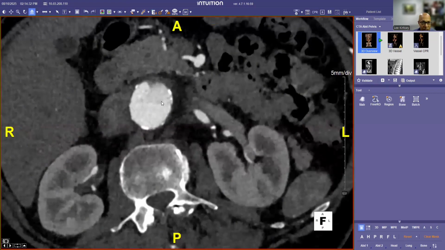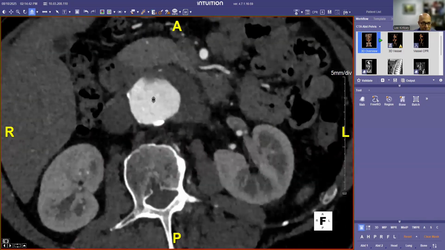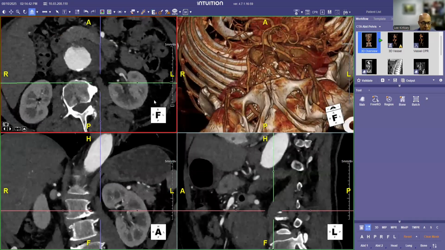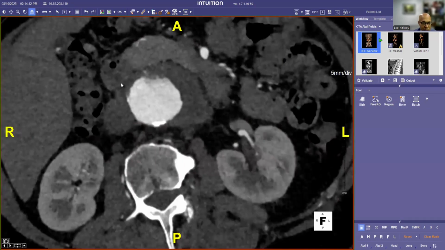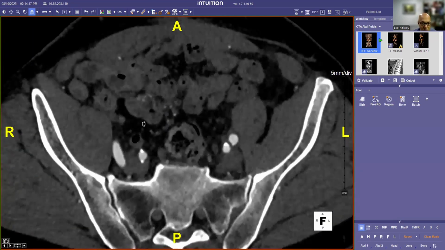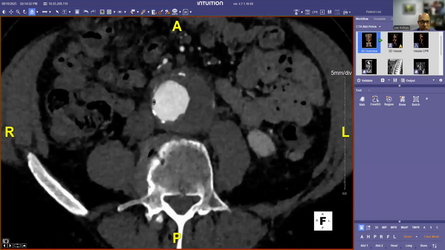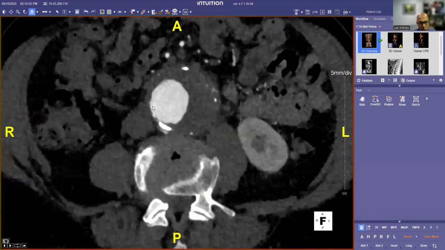In this case, the patient has this aortic aneurysm, which begins at essentially the level of the renal vessels. This is the cross-sectional imaging that's very important and valuable in the evaluation of a patient with abdominal aortic aneurysm or thoracic aortic aneurysm or dissection pathology.